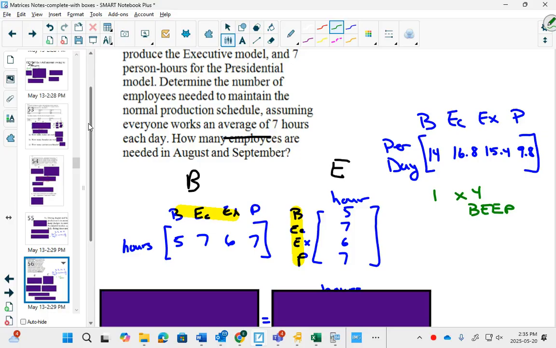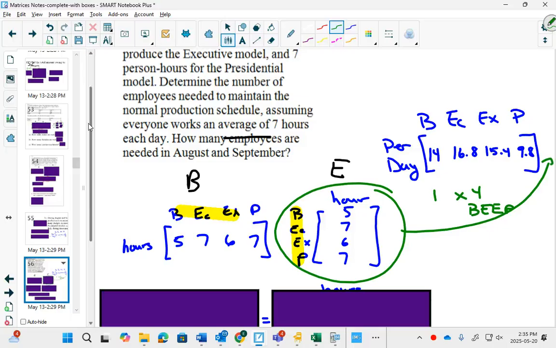If I'm going to multiply, does it make sense that I would need to have this one, and I would need to put it behind here, because this one is a 4 by 1 with the models there? Does that make sense? So you could make your matrix either like this or like this, but you have to decide, what do I want to use it for? Where do I need to multiply it by?